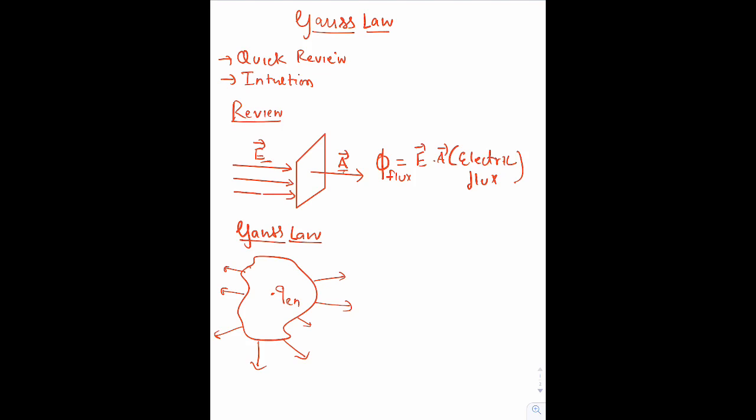If you take the flux of the electric field through the surface area and sum it over this closed surface, you get Q enclosed upon epsilon naught. So it is basically the net charge enclosed divided by epsilon naught. This essentially is Gauss's law.